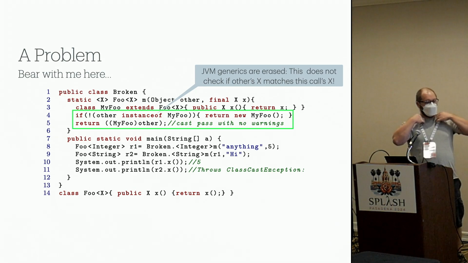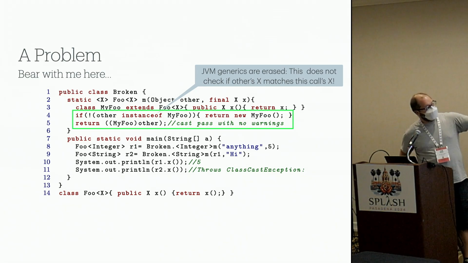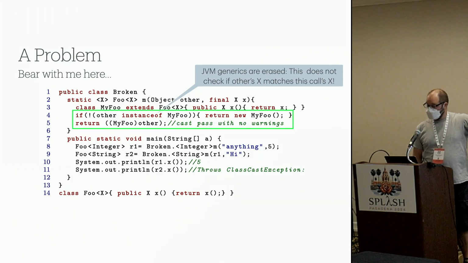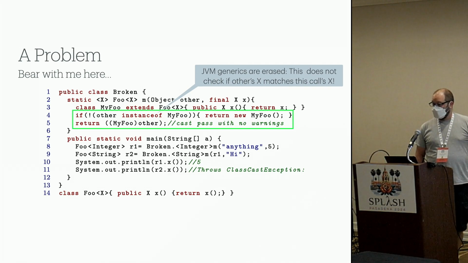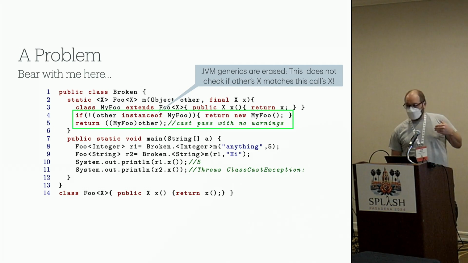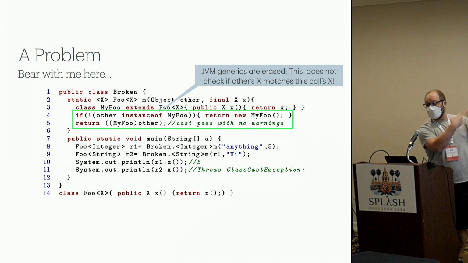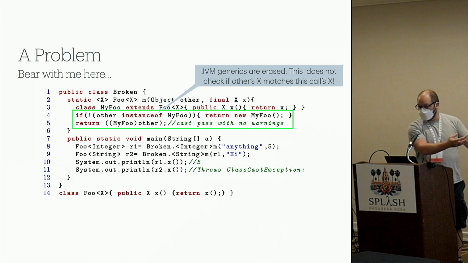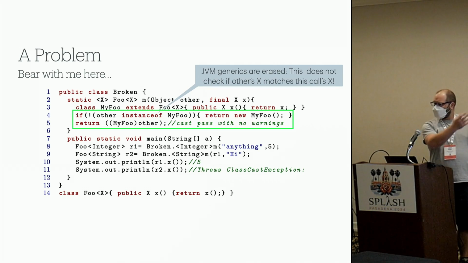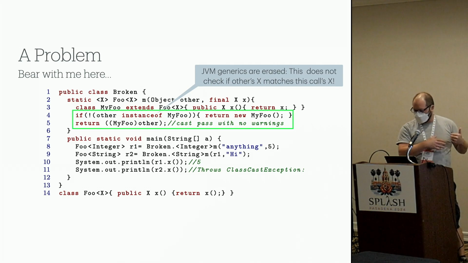So what happens here is this instance of can be compiled and it runs, right? And it basically checks, is the class table for this object myFoo? And it can make that check and it can succeed, but because the generics are erased, it doesn't actually check if this is a myFoo from this invocation of the method with this choice of the generic parameter, or if it's a myFoo from a previous invocation with a different generic parameter.